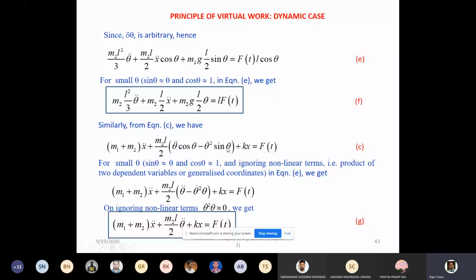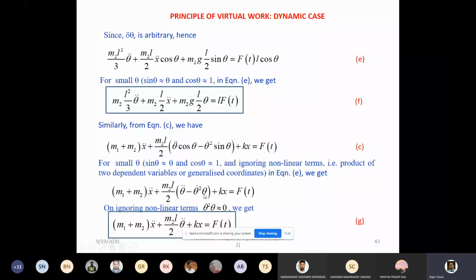But you can see that some nonlinear terms are still remaining here: theta dot square into theta. So this is a nonlinear term. For small angle, we can drop this term, because the angle is small and the square of that will be still smaller. Based on that, we can ignore that term. So we will be left with the equation of motion which is linear.